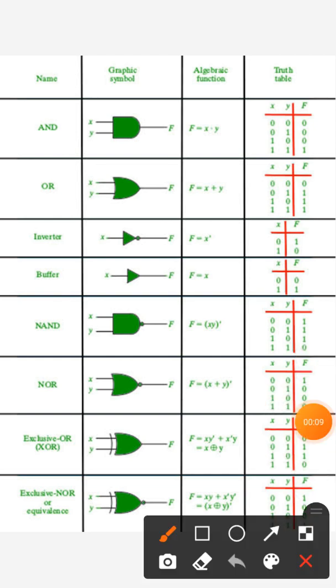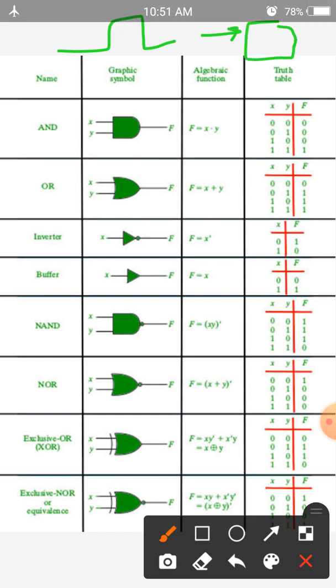What are the logic gates? Logic gates are electronic devices or systems which work on the basis of on and off, like a switch. Another way to say it: if a signal comes to any gate for processing, there will be only one answer.